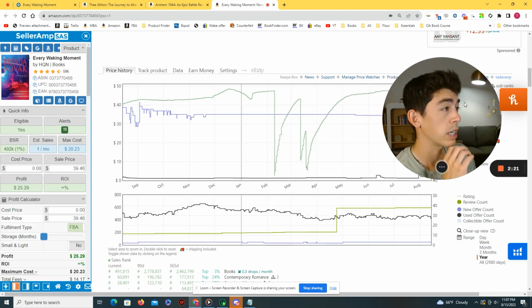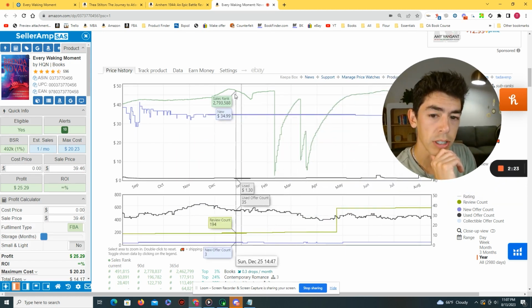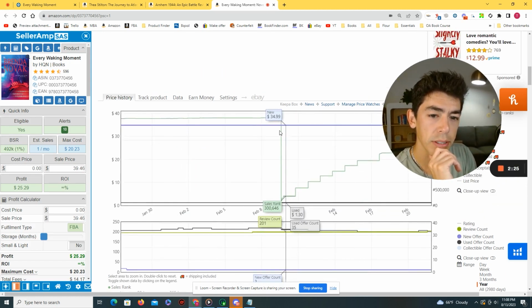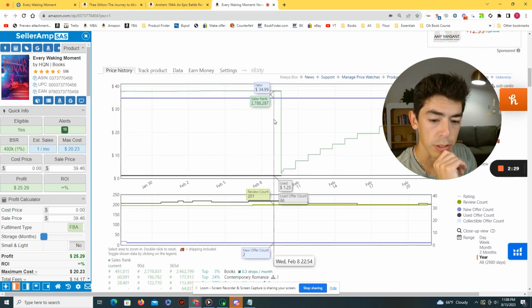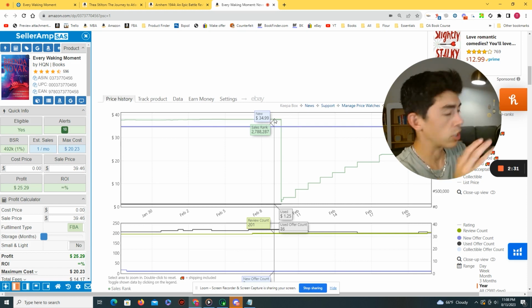And a lot of the times, when you scan a book or when you're looking at a book, matters a lot. For example, let's say you came to this listing on this date here, which was right before the sales rank drop, this would be February 8th. The sales rank would have been 2.7 million. You might be thinking, okay, this book is not really going to sell that often because the sales rank is 2.7 million.